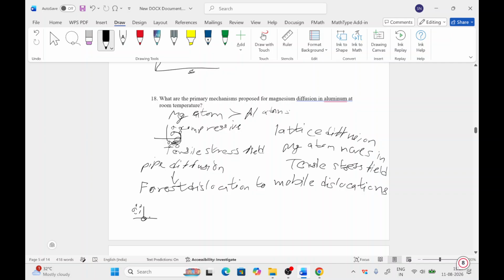So the magnesium atom moves from core to core to reach the mobile dislocations in the material, and it catches the dislocation easily and faster than lattice diffusion.